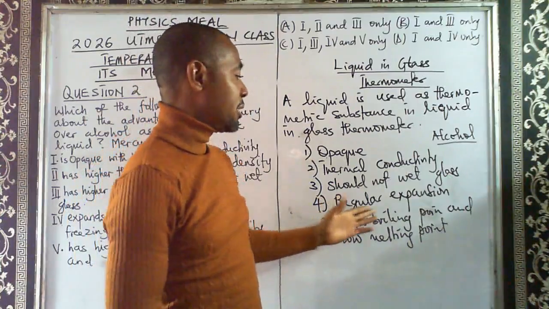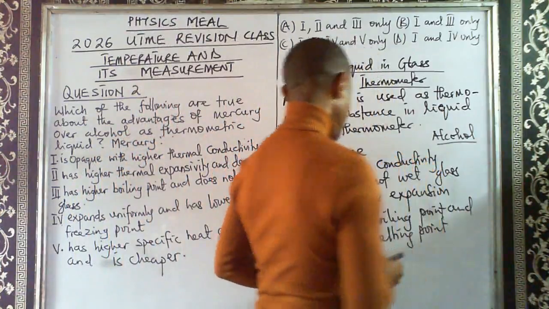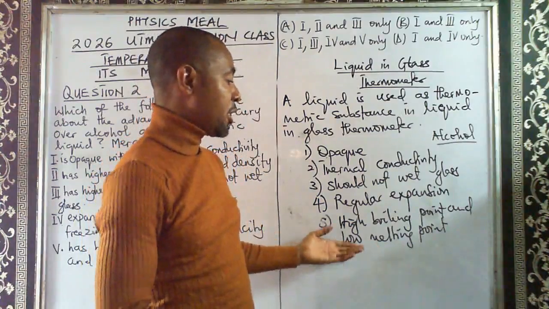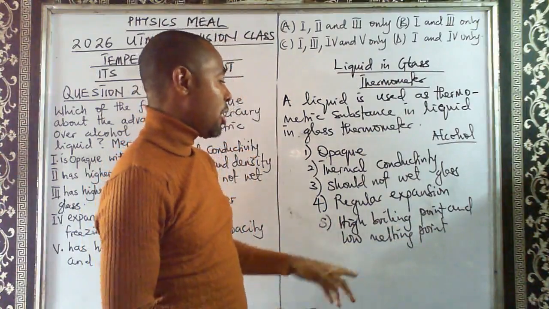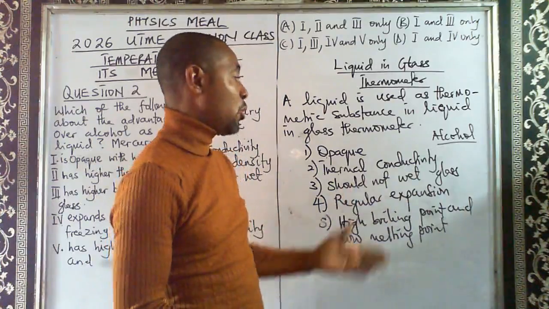But mercury has a high boiling point, although it has a high melting point. It's supposed to have a very low melting point or very low freezing point. So alcohol has a lower melting point or lower freezing point than mercury.